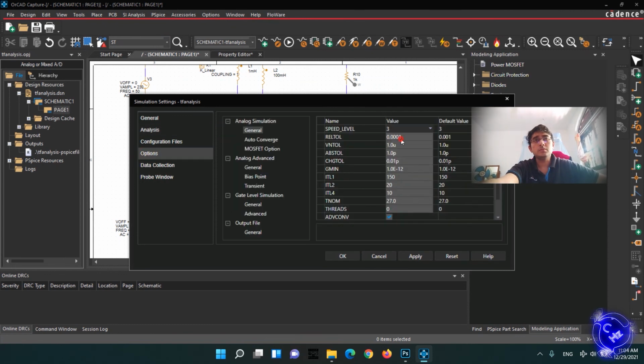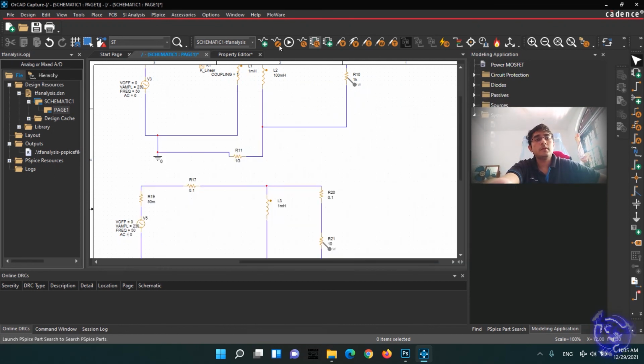Now I would like to increase it. Options, add one more zero. Right, what is the most interesting thing is the power transfer.